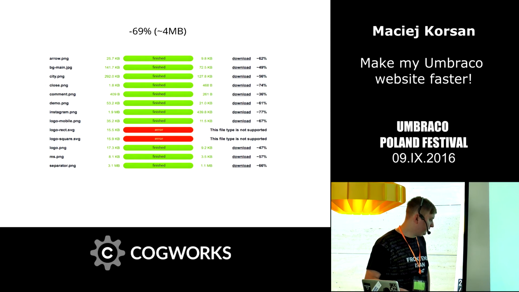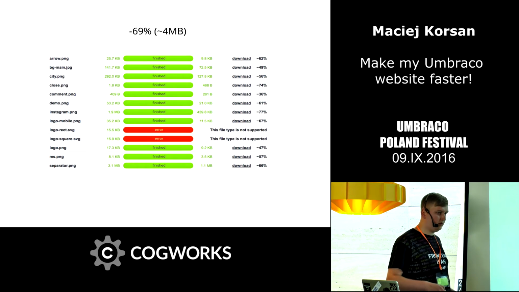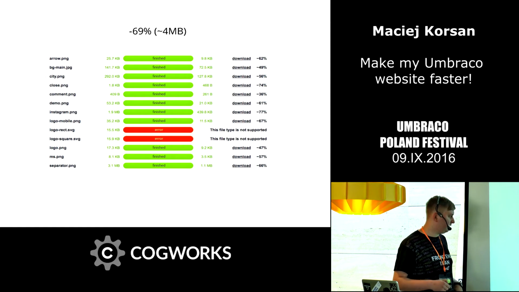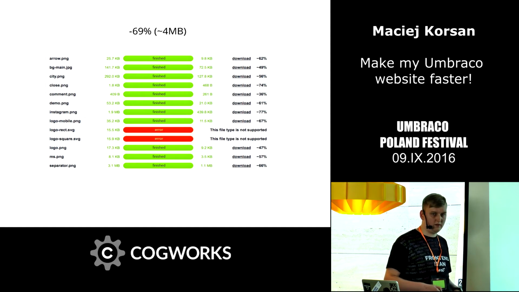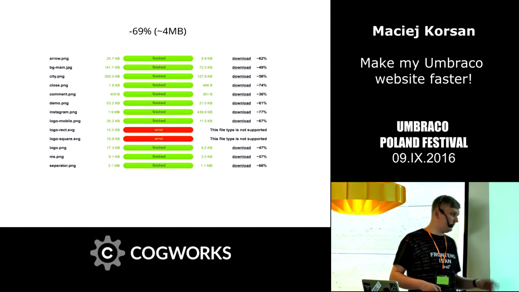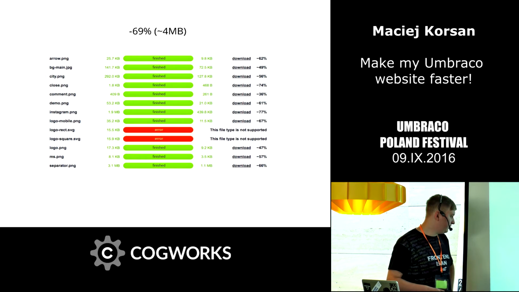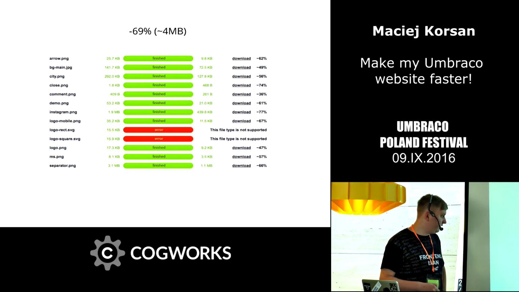In this column, we've got the sizes of original graphics that are used in the project. These are all the graphics in the project. Not all of them are loaded on the homepage, but this is how it looked before and after.